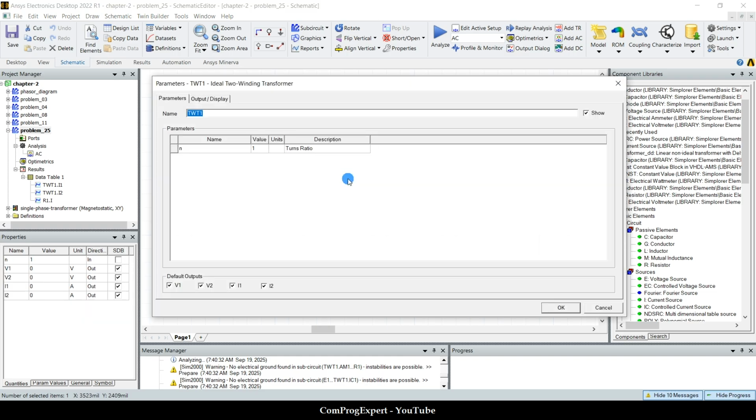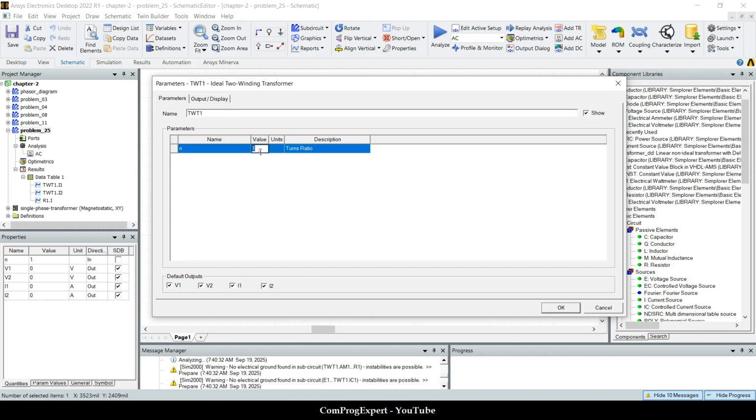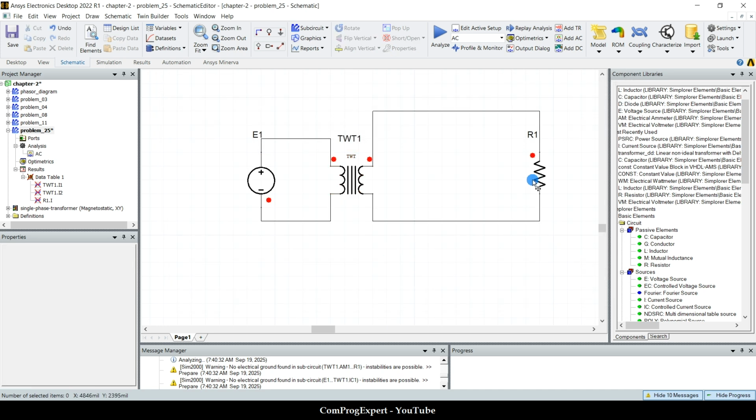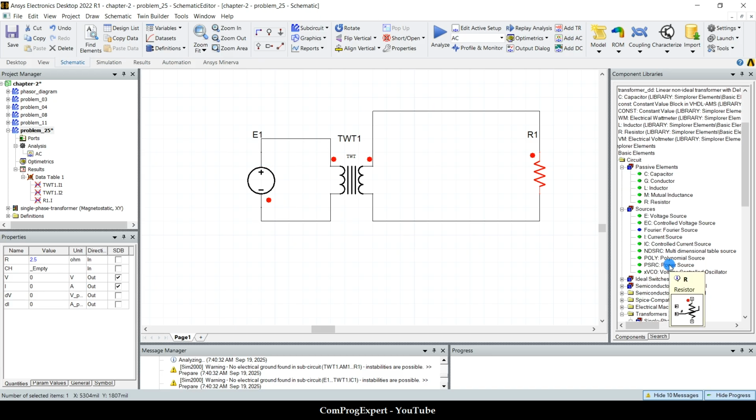Turns ratio, as you know, in the simple order, turns ratio N is N2 divided by N1. That is equal to 0.5 in our case. So this is 0.5. And I am going to set the value of the resistance equal to 2.5.